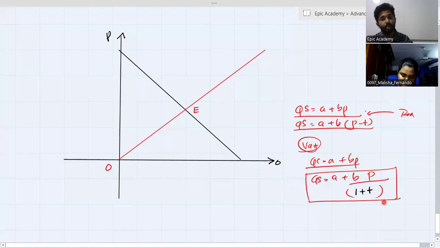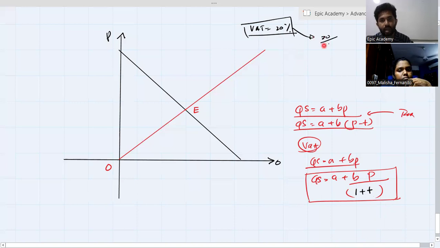Okay. You already know that the value added tax is always represented as a percentage: 20%, 15%, 10%, something like that. If the tax is 20%, that means 20 for 100. So what will happen to one?